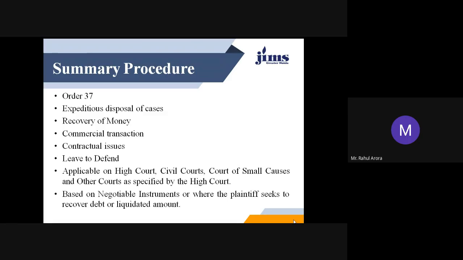Next, in which courts can the summary suit procedure be adopted, or in other words, wherein can these types of suits be filed as per Order 37 CPC, my dear students. This would be applicable to High Courts, civil courts, courts of small causes, and other courts as specified by the High Court.